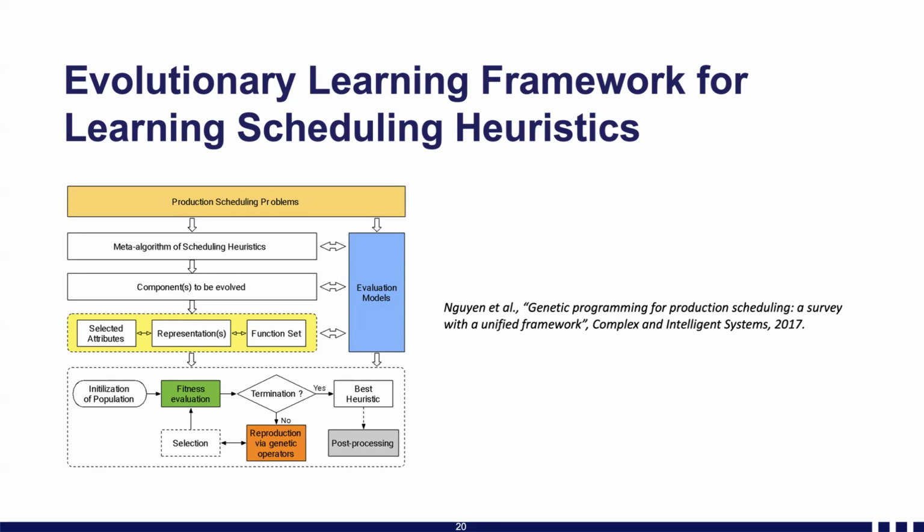The heuristic here is a quite abstract term because it can take different forms. The one that I have worked on a lot in the past is what we call priority dispatching rules, in which we try to schedule the jobs by assigning them priorities. And how can we assign the priorities?